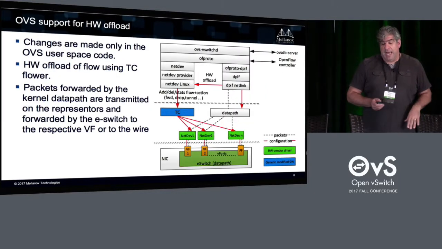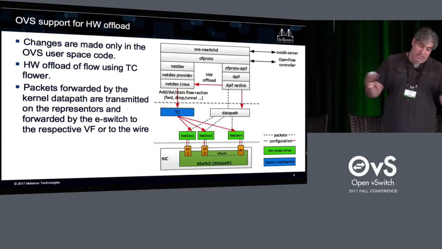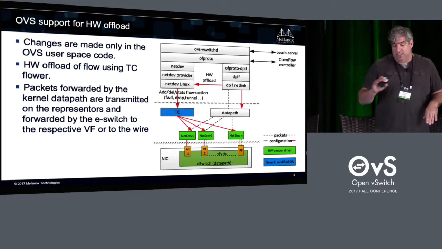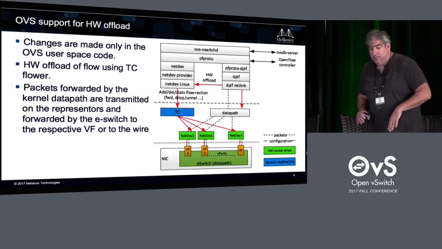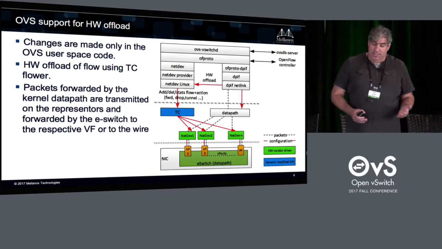In order to do that, we worked with all the communities, the Linux and the OVS community, and that was the end result. What we did in the kernel, we implemented the representor ports.